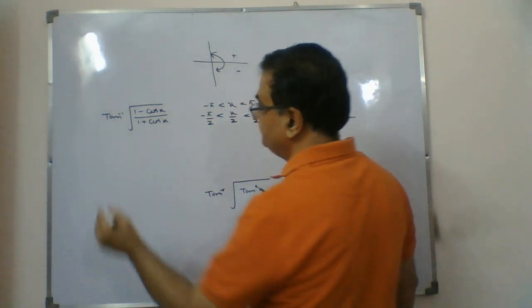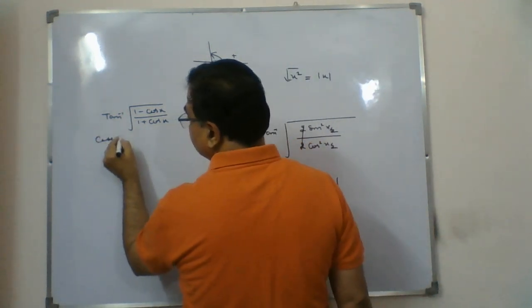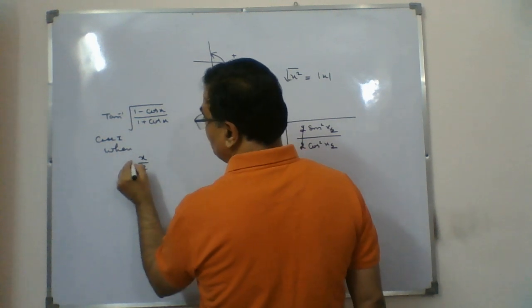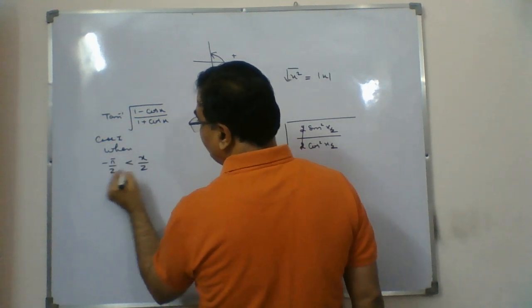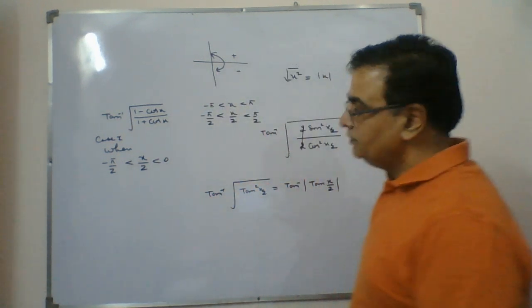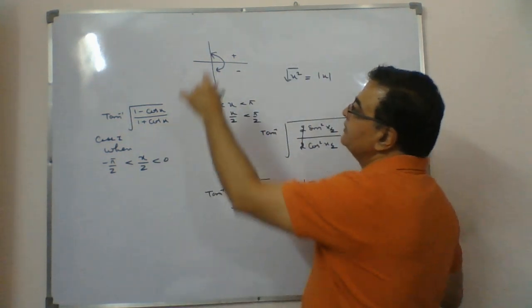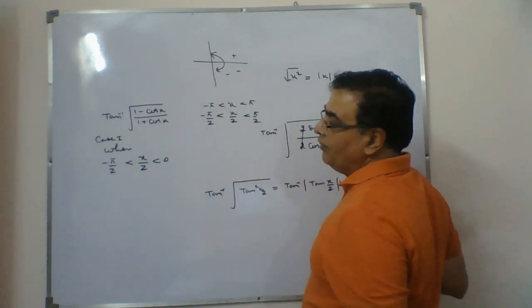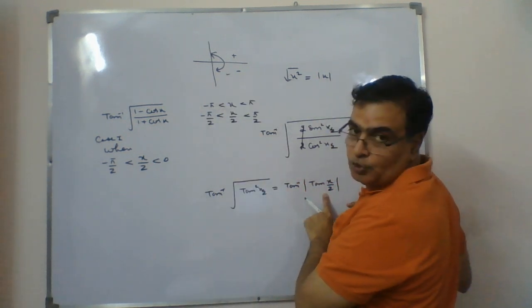Case 1: when x by 2 is between minus pi by 2 and 0, that means in the fourth quadrant, tan x by 2 comes out to be negative.